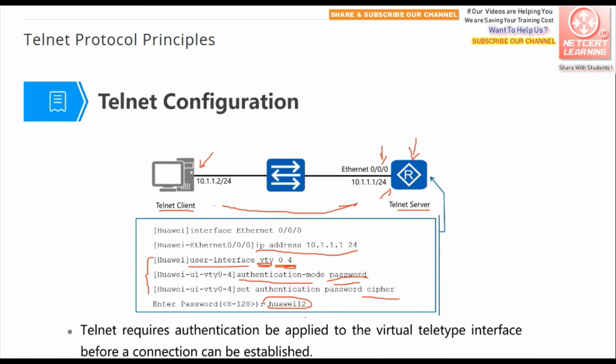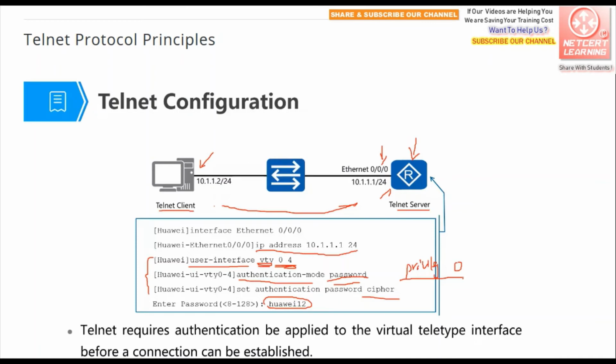There is one thing I need to point out: the user interface has a privilege level. If you do not configure it, the privilege level is 0. Privilege 0 means the visit level.